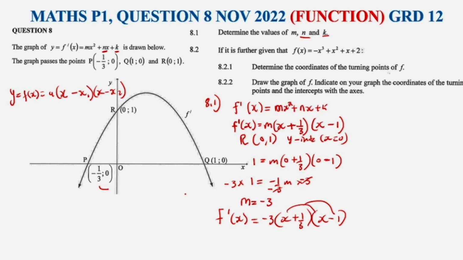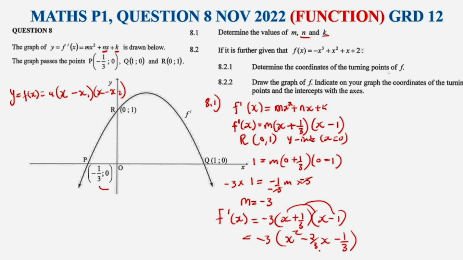Therefore, let's go ahead and remove the bracket. Minus 3 x squared, then you are going to have minus 1 plus 1 over 3, which is going to give us minus 2 over 3 x, minus 1 over 3.